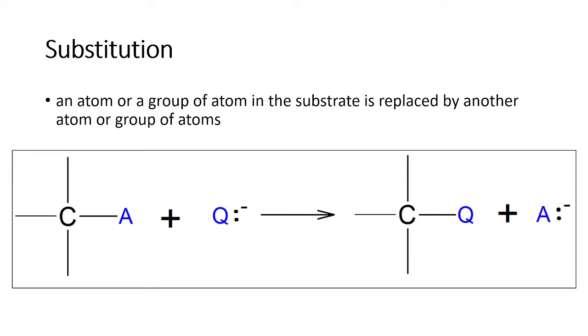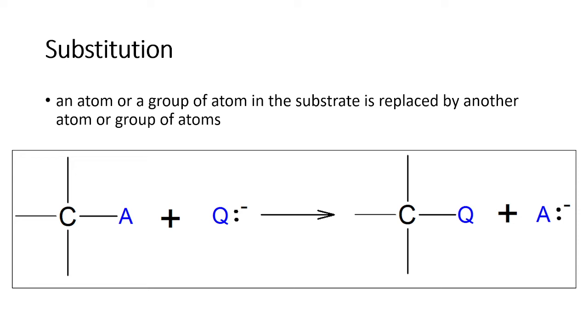So by substitution reaction, it is just as you heard it, it is substitution, meaning to say an atom or a group of atom in the substrate is replaced by another atom or group of atoms. Basically, palitan lang.